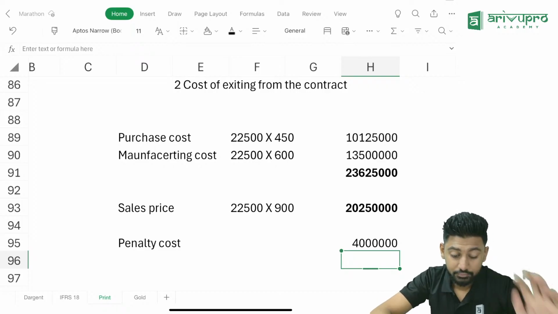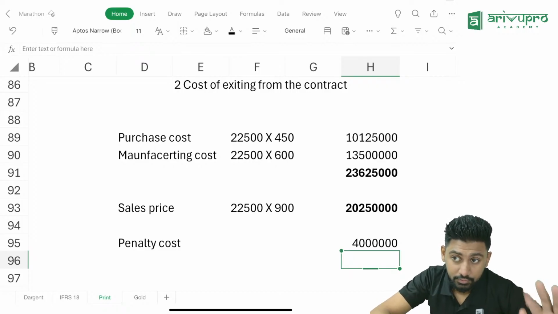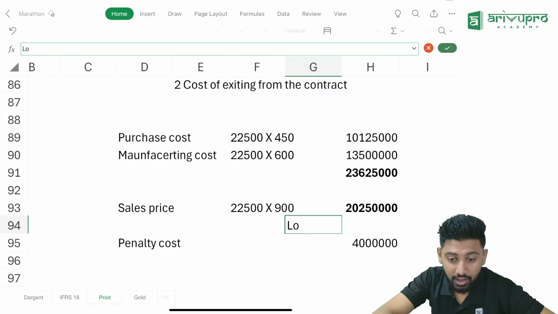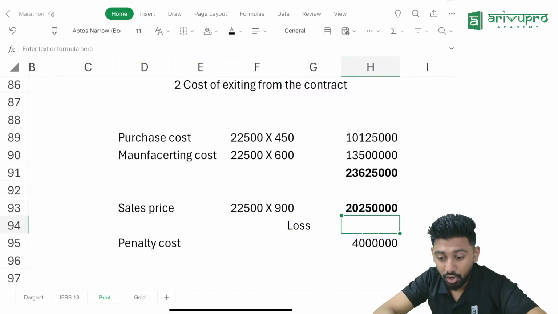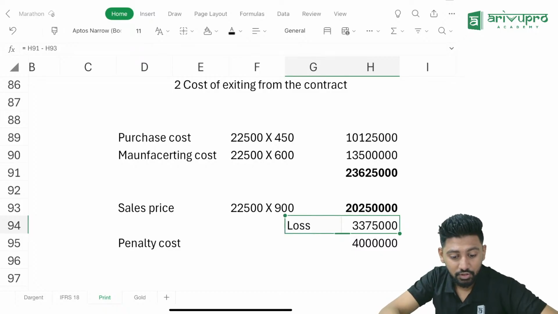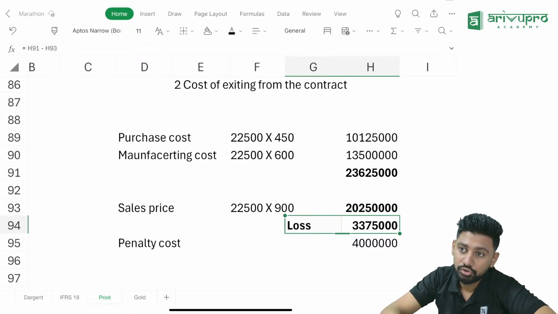Are we clear? In other words, what will happen in this case? I will incur a loss. How much will be my loss? This minus this, 3,375,000 will be my loss.